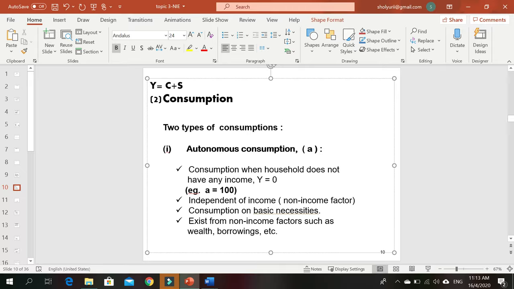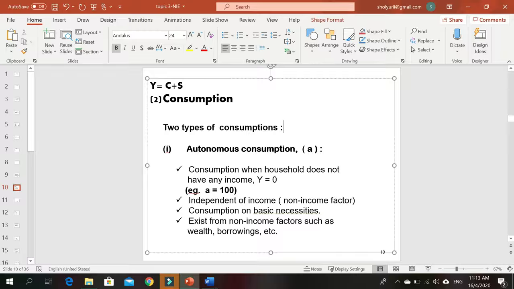Okay, so what is the meaning of autonomous consumption? Autonomous consumption ni adalah consumption when household does not have any income. Logik ke? Ya, logik. Bila kita tak ada pendapatan, kita akan berbelanja selagi kita adalah a living human being.